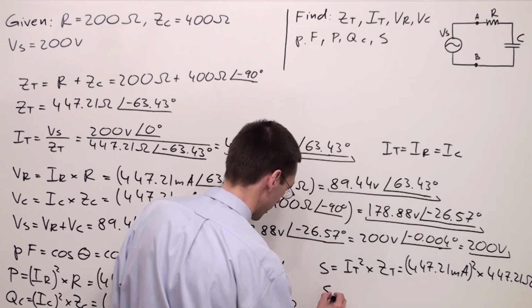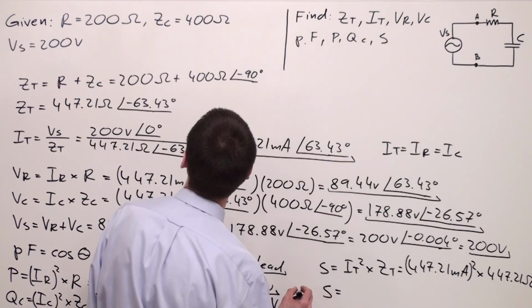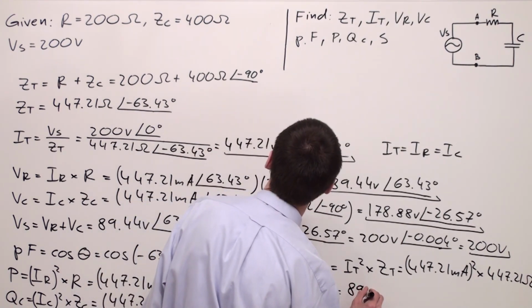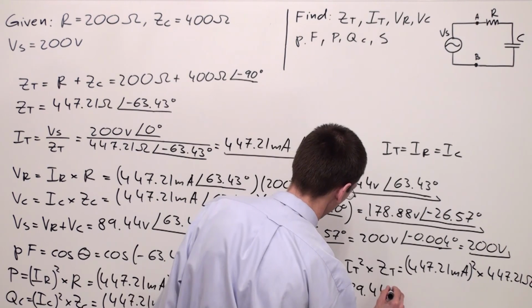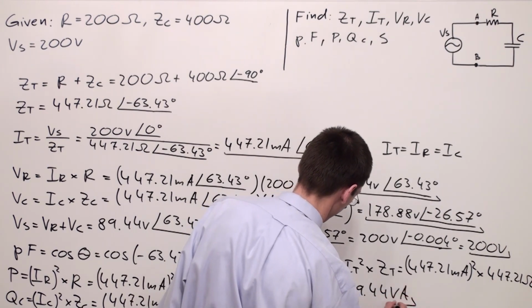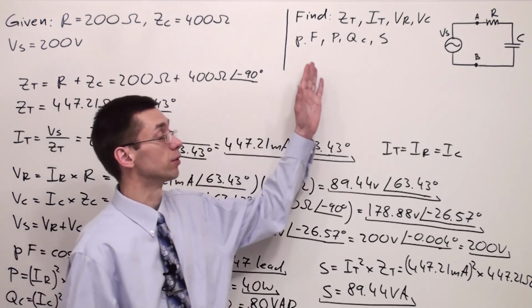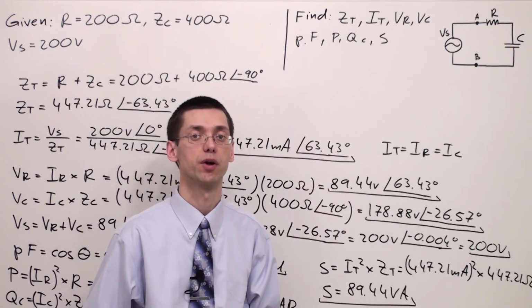So apparent power is equal to 89.44 volt amp. So we found everything, so we can say that the problem is solved.